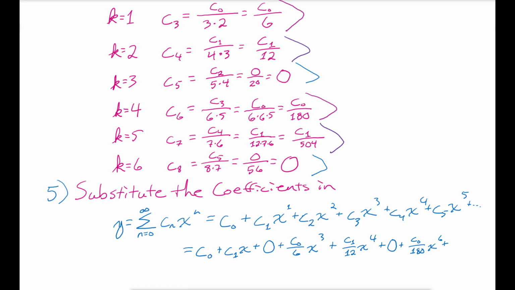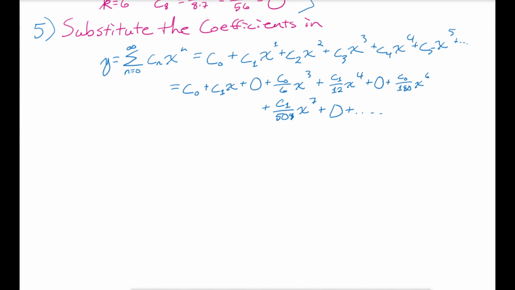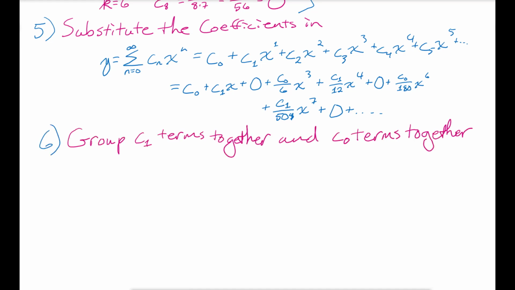C7 I know is c1 divided by 504 times x to the seventh, plus I know c8 is 0, plus, and I can continue this pattern on forever and ever. So after we've done this substitution, we can notice that we have terms that go with C0s, and we have terms that go with C1s. Everything else is zeroed out. So our next step is going to be to group the C1 terms together and the C0 terms together.